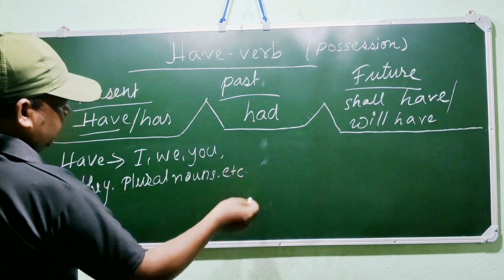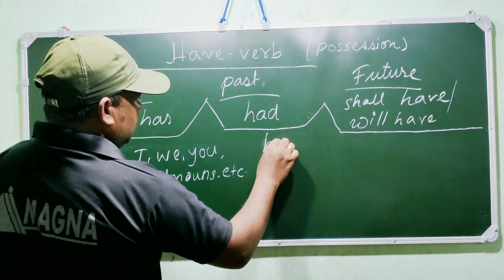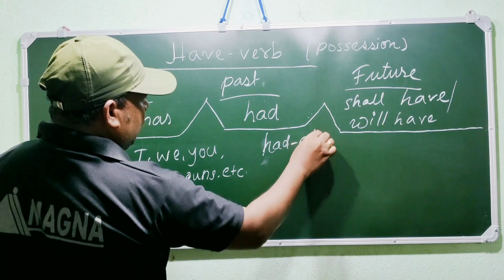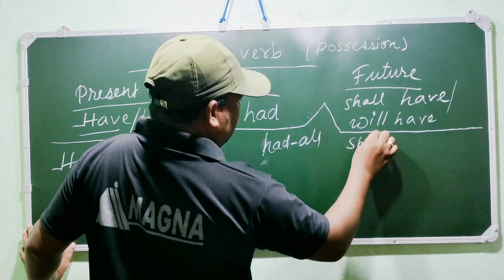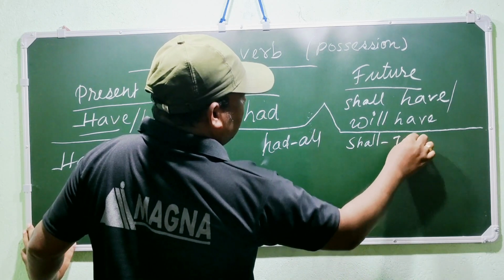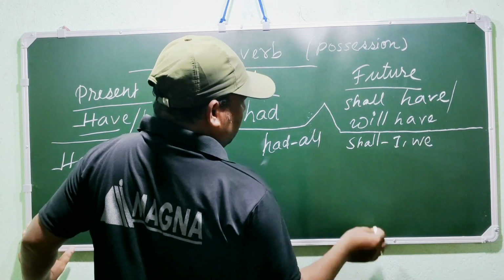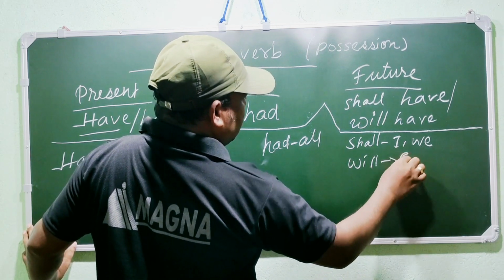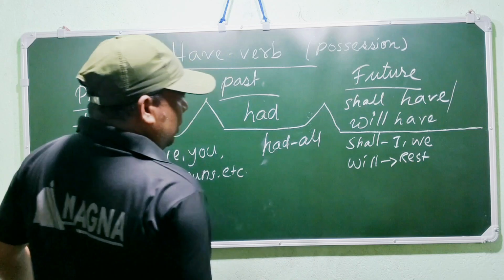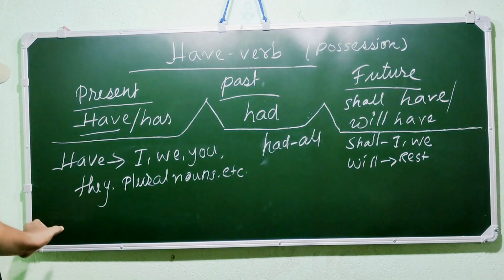For the past, "had" is used for everything and all. In the future, "shall" is used for I or we in general. "Will" is used for all the rest. The rest of the things we can use "will" for.